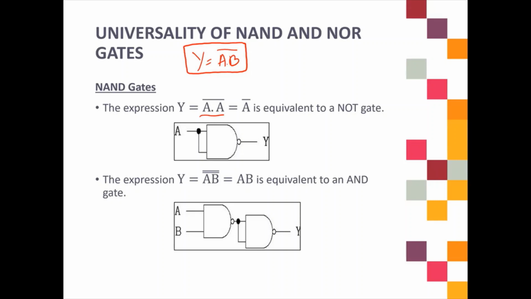For our first gate, which is NOT, how are we going to draw NOT by using NAND? At the same time, you must remember the NOT equation. The NOT equation is y equals a bar. If your variable is a, you have a bar. So here you need to change NAND.